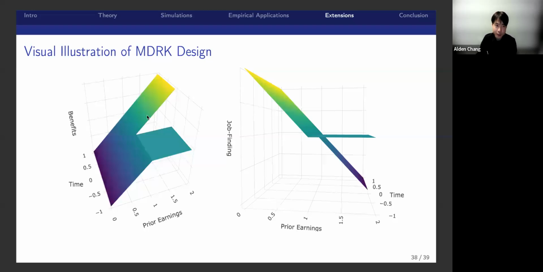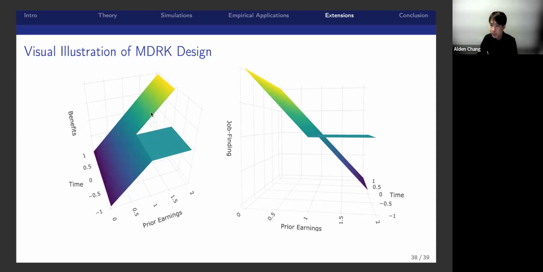Now, if this was an empirical application, we may be worried that if people knew this policy change was coming into effect, they might slightly delay their application for UI benefits so that they can get this higher benefit level.